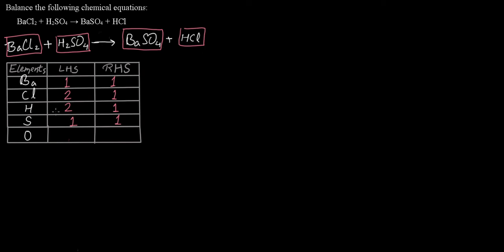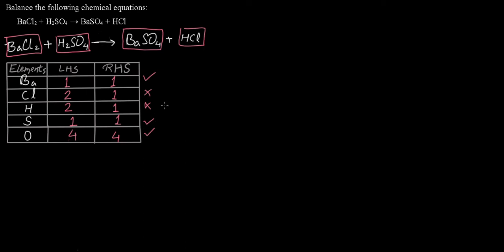Now lastly for oxygen, we have O4, that is 4 atoms of oxygen on the LHS, also 4 of oxygen on the RHS. So if you see, oxygen, sulfur and barium are already balanced, only chlorine and hydrogen are not balanced.